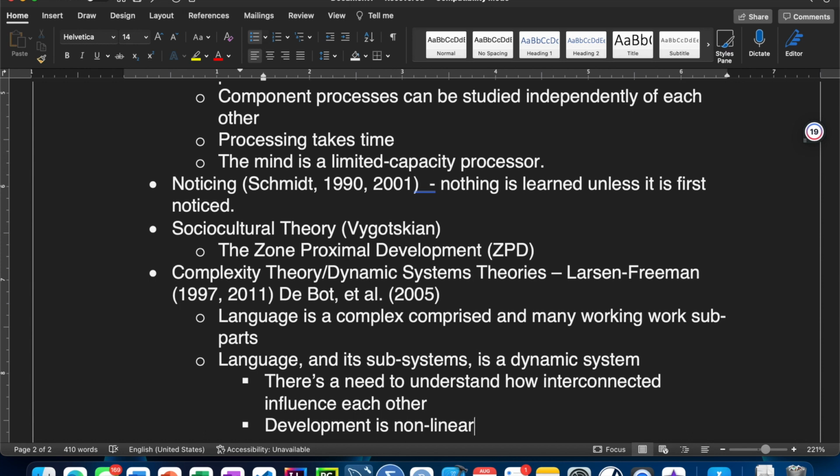As a student's working to acquire English, that is not a linear better and better and better process. They may encounter new ways of using that language or new contexts where their pre-existing knowledge doesn't necessarily fit with what's being demanded of them in that new task.